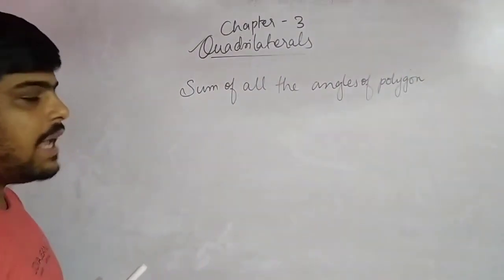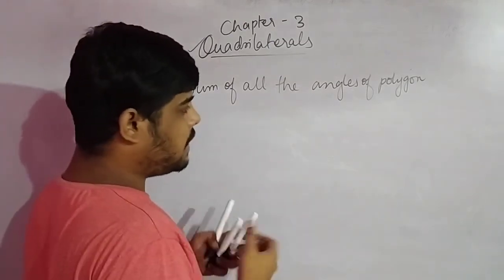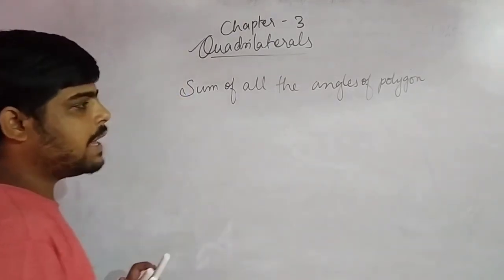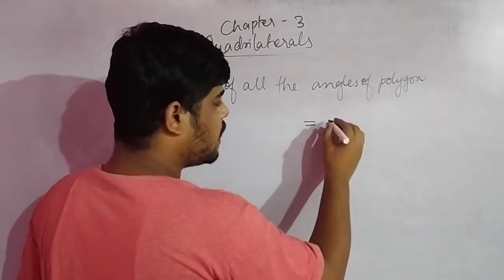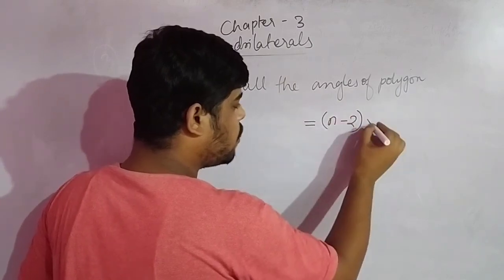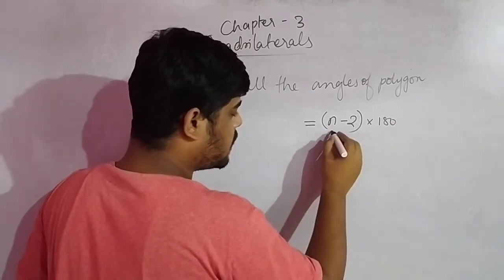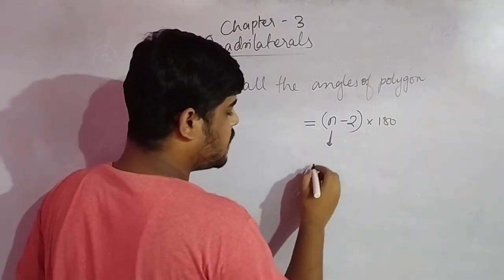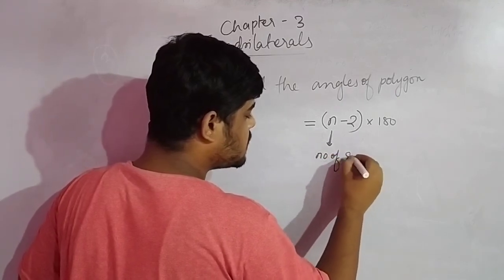So students, we have a formula. To find the sum of all the angles of the polygon, that is equal to (n minus 2) into 180. Now students, what is n over here? So n is the number of sides.